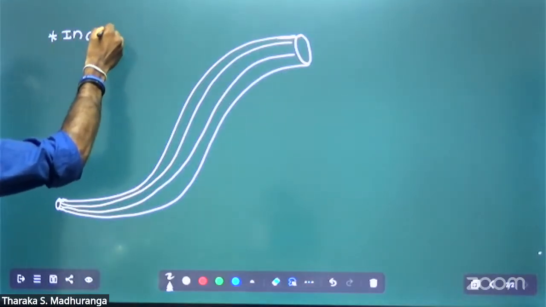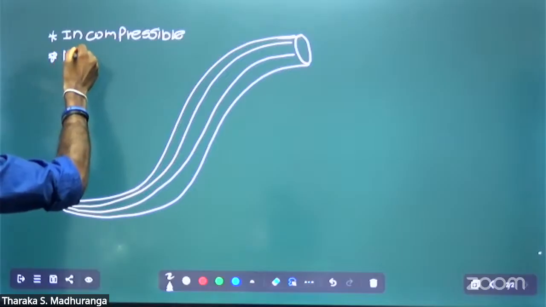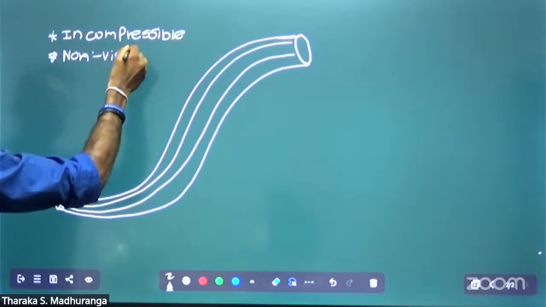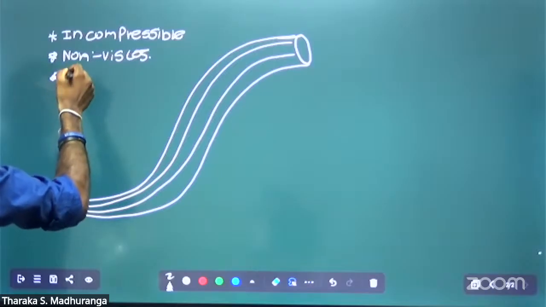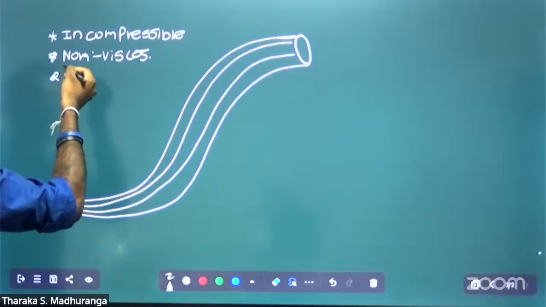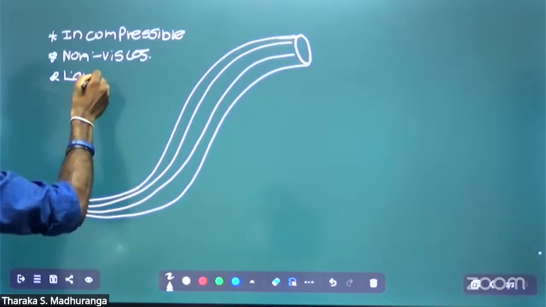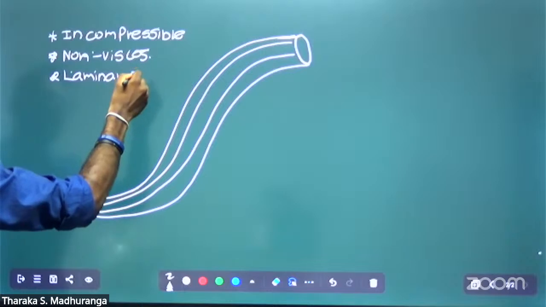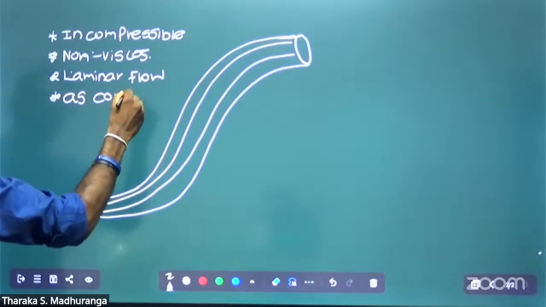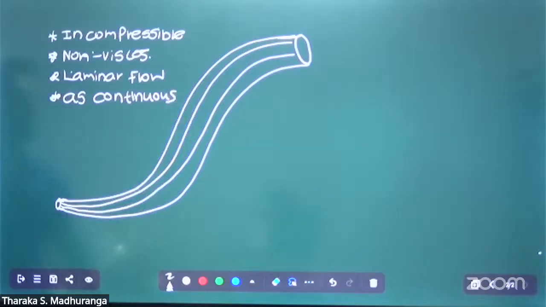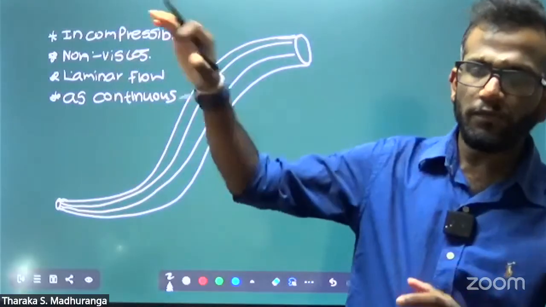Incompressible, non-viscous, no friction. These are the fluid characteristics, flowing as laminar flow or streamline flow, as continuous flow.